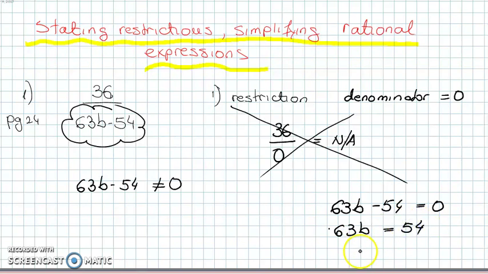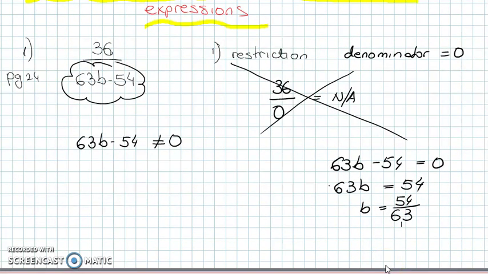So I will move 54 to the other side. So b is equal to 54 divided by 63. If I simplify, if I divide by 9, this is equal to 6 over 7. So the restriction is I do not want b to be 6 over 7.